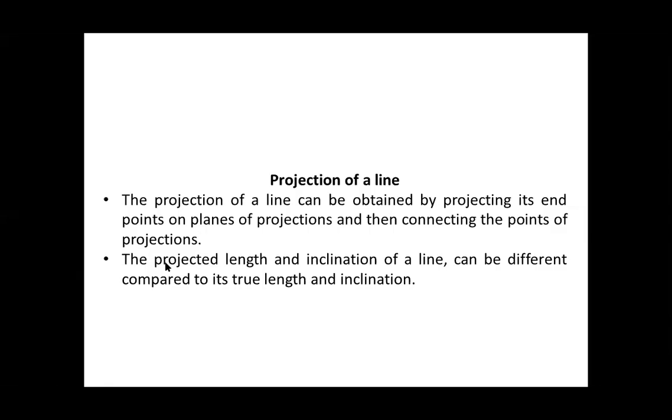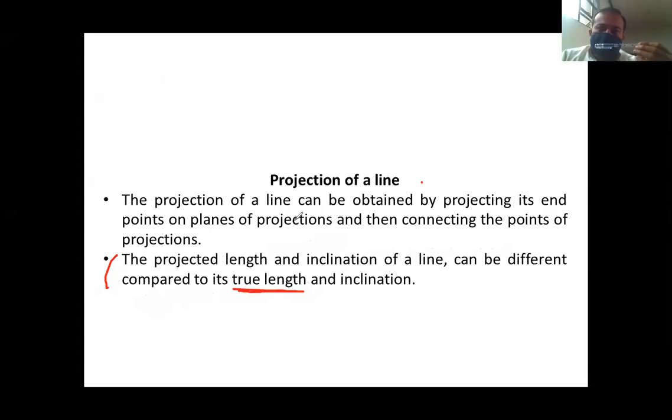So this is what it is saying. The projected length and inclination of a line can be different compared to its true length. True length means the actual length. You could have done the same experiment, though less convincingly, using a scale.